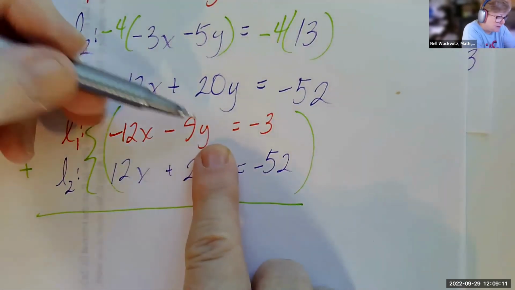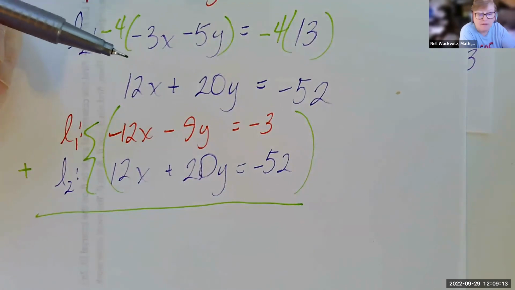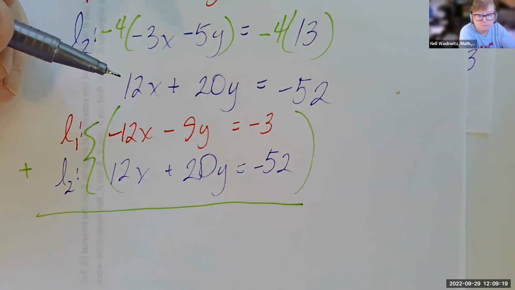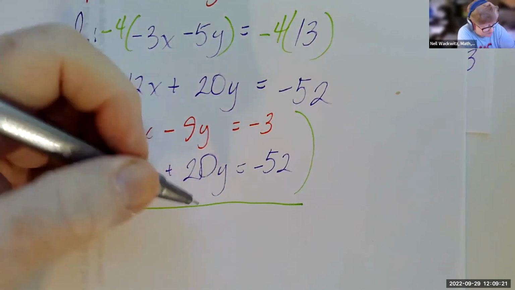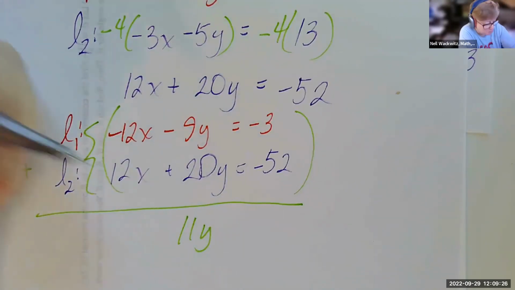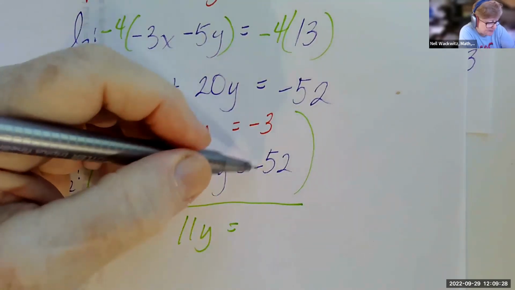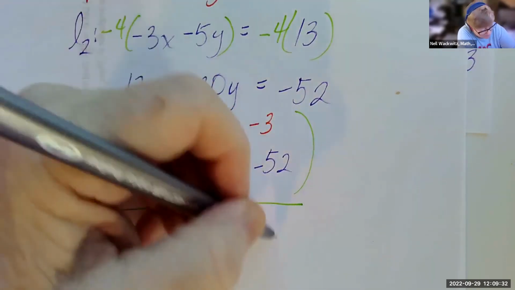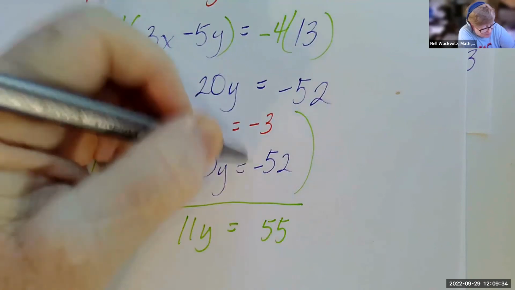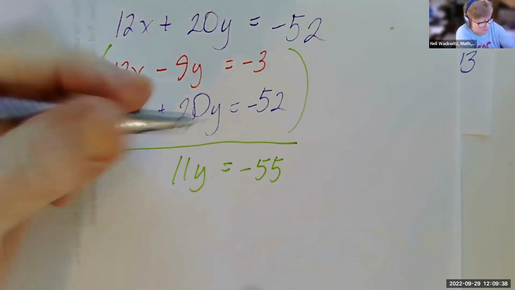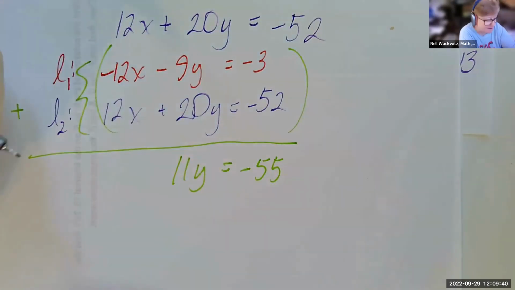Negative y plus y. 11. Is that right? And negative 52 minus 3. So we're going to add, and they're both negative, so the answer is negative. I worried when we got 11, but it looks like it'll be okay.